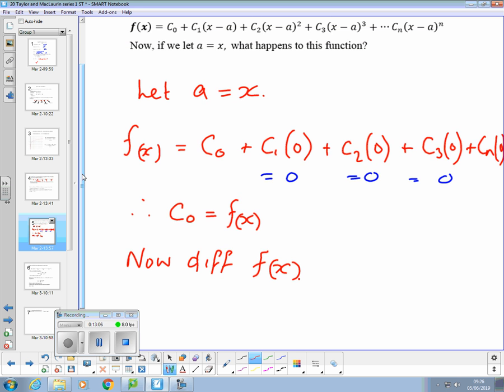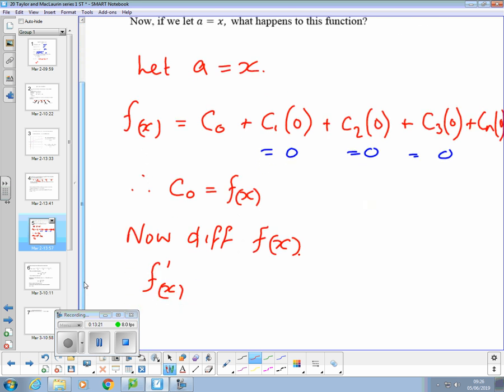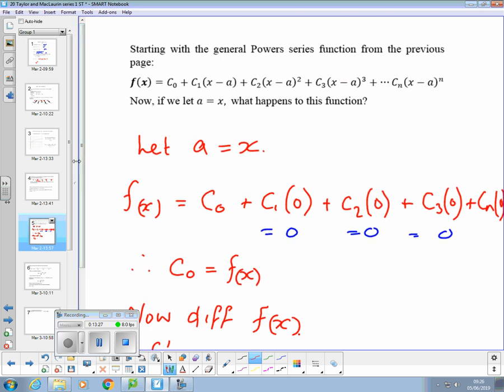So we find f dash. Looking at our original function, if we differentiate that constant, what happens to it? Disappears. What happens here?